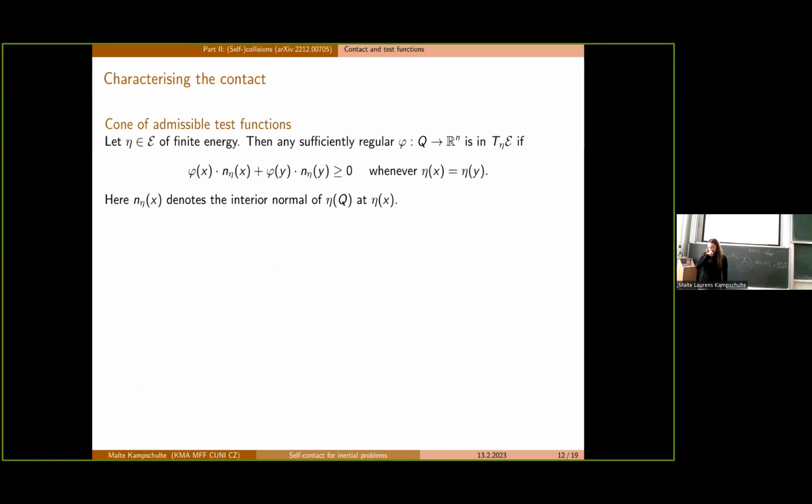Okay. That being said, let's get back to the context. So I talked about quantifying, classifying these test functions. What is the abstract tangent space in my space of configurations at the point of contact? Just looking at self-contact, what we get is that you need to look at the normals at this point.